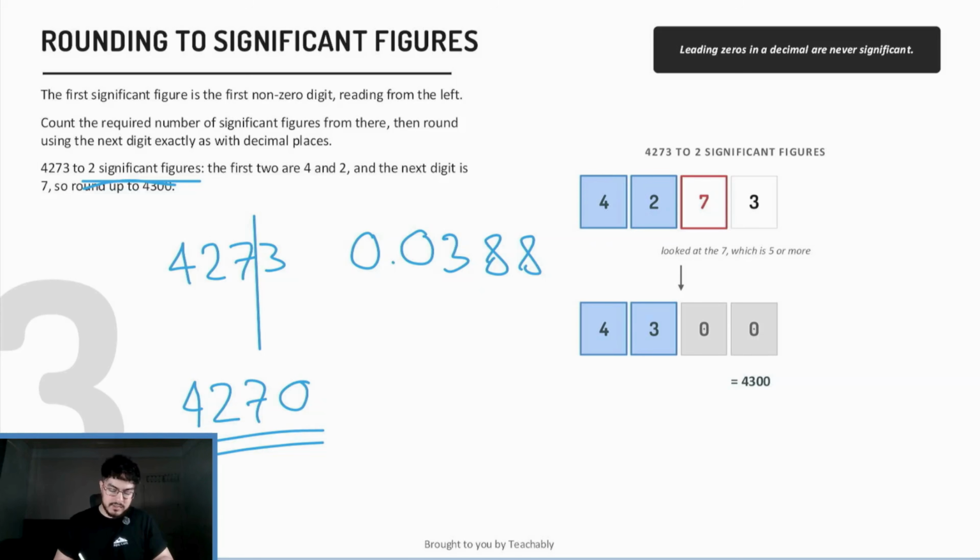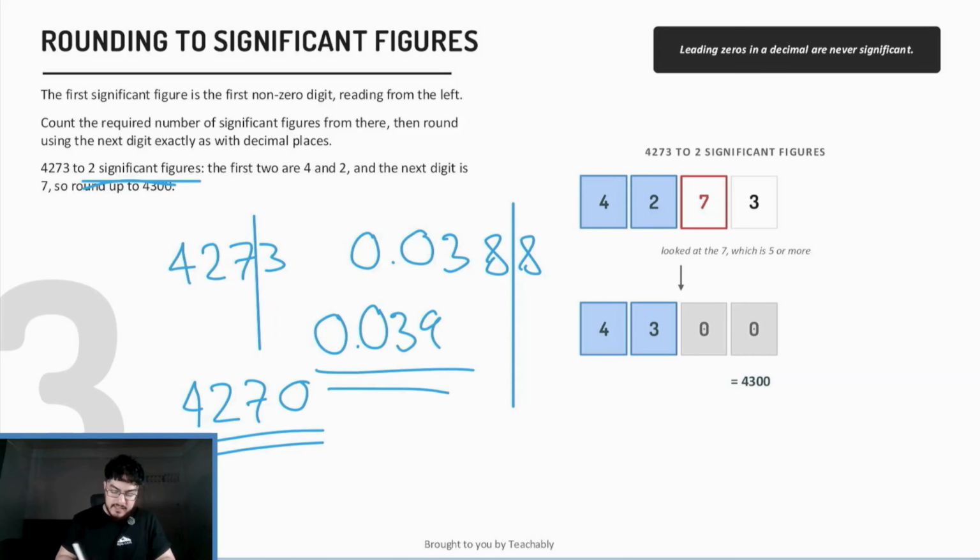And so the significant figures start from here. This is 1, this is 2. And so we're going to draw the line in the sand there. This is greater than 5, so this becomes 9. And so we are going to have 0.039. And that is to 2 significant figures. Okay, hope that makes sense. Remember, we don't include zeros as significant figures.